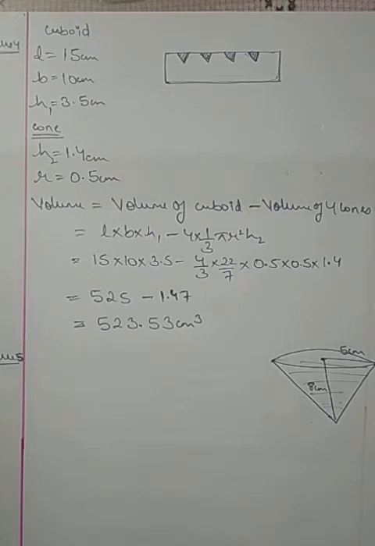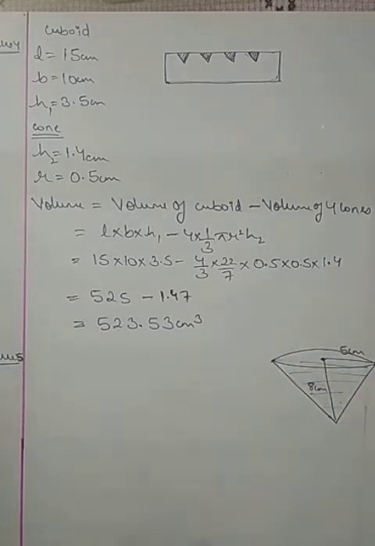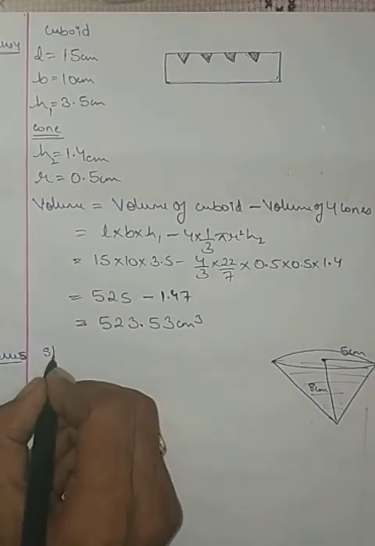You have already studied that the volume of liquid displaced is equal to the volume of the object. Means the volume of this water that comes out must be equal to the volume of lead shots. We have to calculate how many lead shots are there.